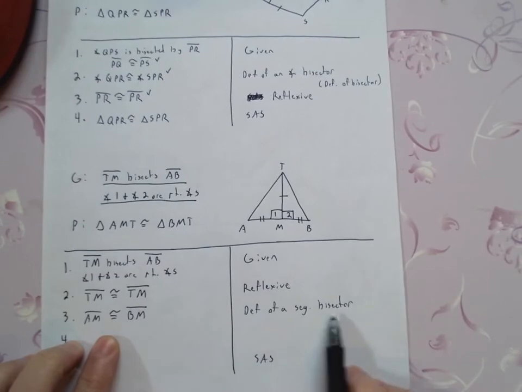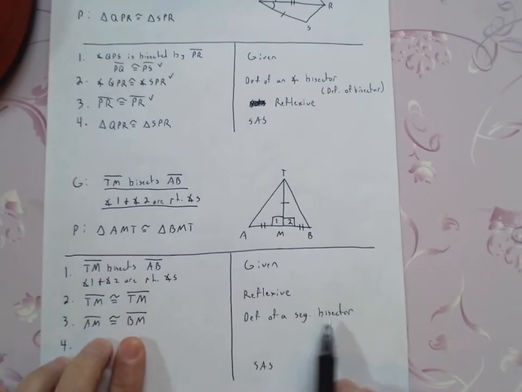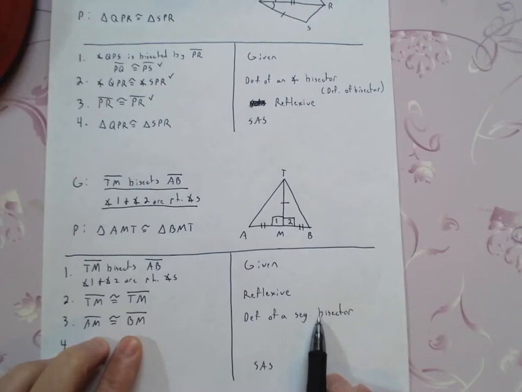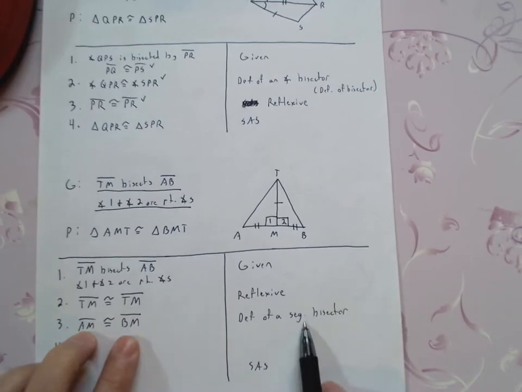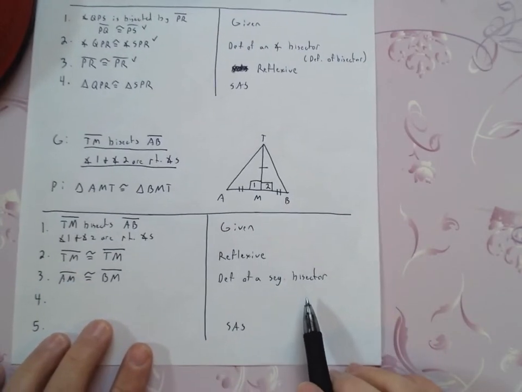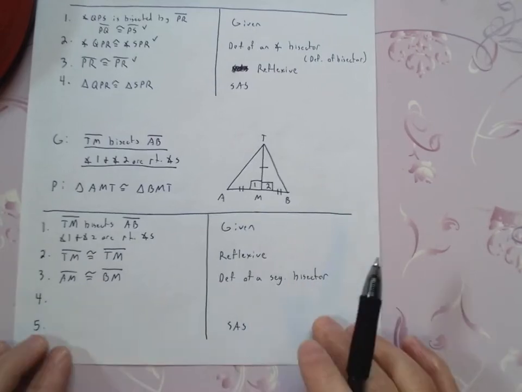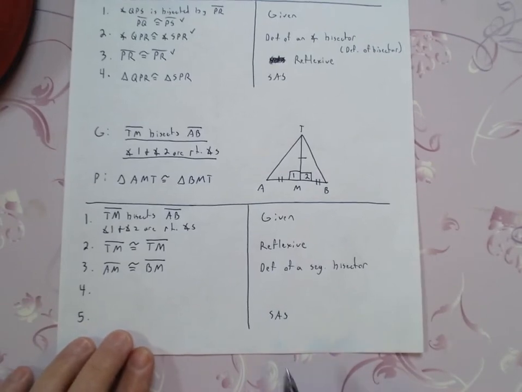Okay, if I was talking about an angle bisector, if I said definition of angle bisector and then I put that down, I know that doesn't match. Or vice versa. If I have angles written here and I said segment bisector, that's weird. That doesn't happen. Again, your book, your homework and quiz and test, they'll just say definition of bisector. Okay, I think this is much better, but that's neither here nor there. You can use either one.